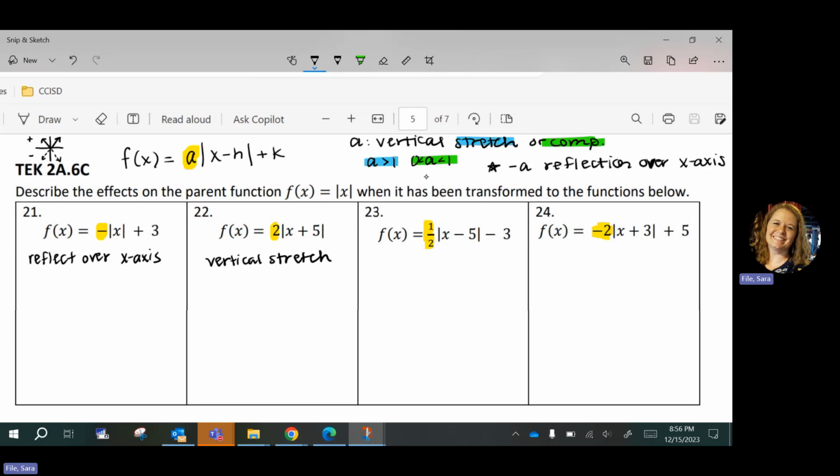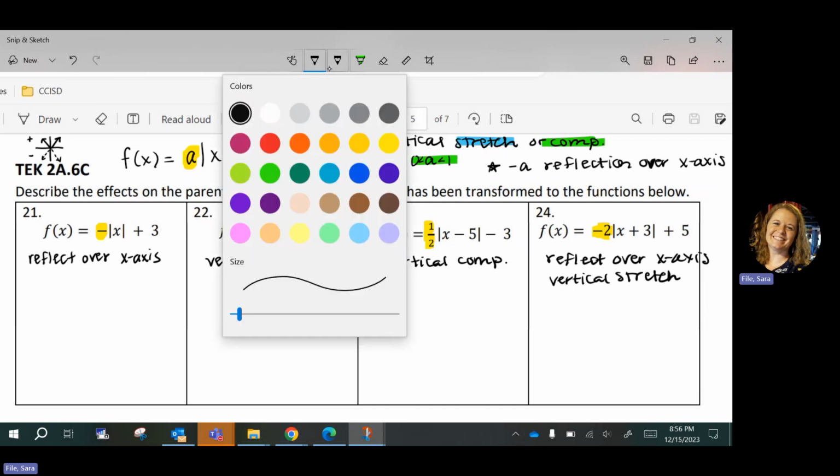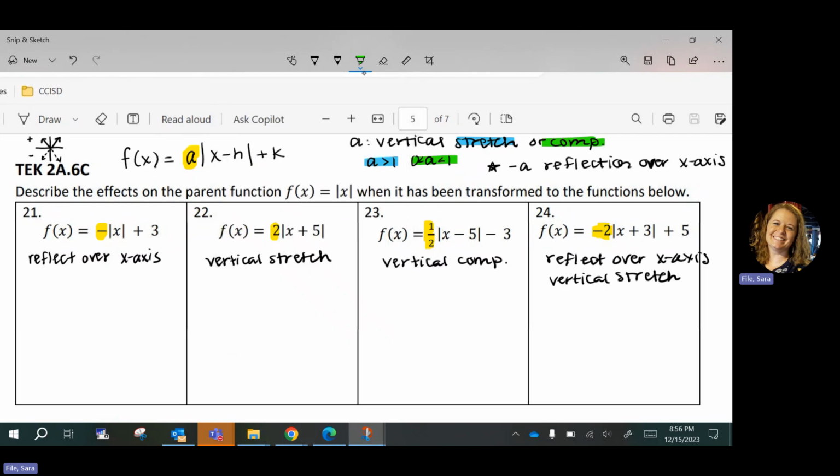This one is 1/2, so it's between 0 and 1, meaning it's a vertical compression. And then this one is -2, so the negative tells us it's a reflection, and the 2 tells us it's a vertical stretch. Okay, so that's how A affects your graph. Right now we're focusing on absolute value, but that's how it affects it for all of your functions.